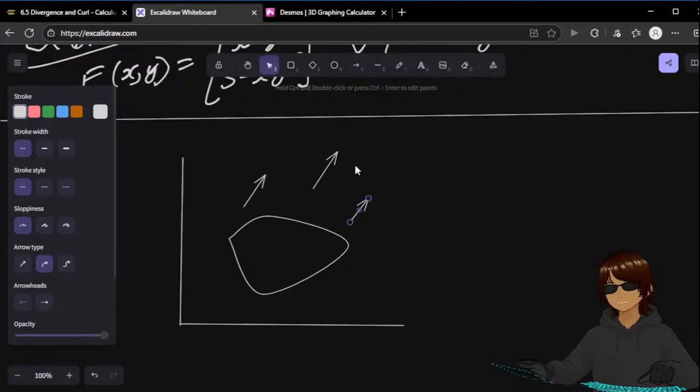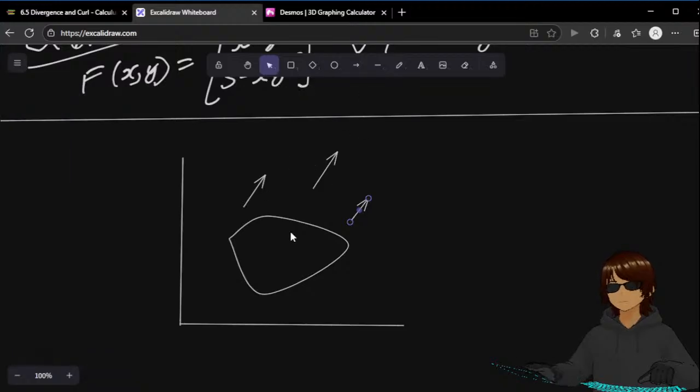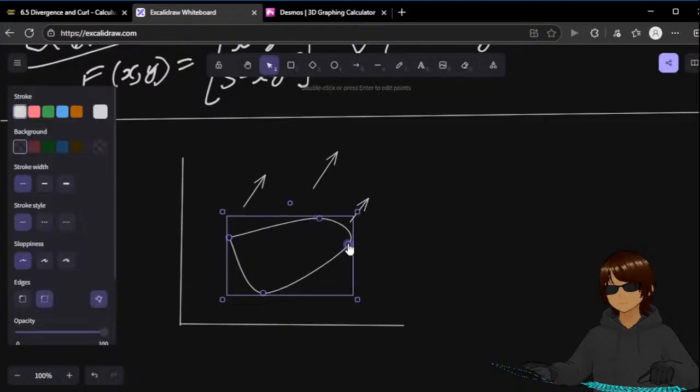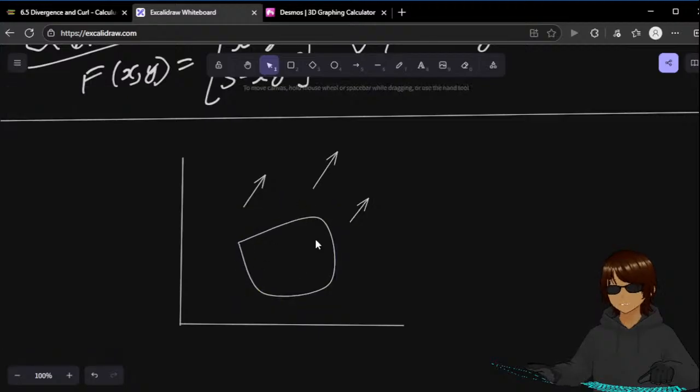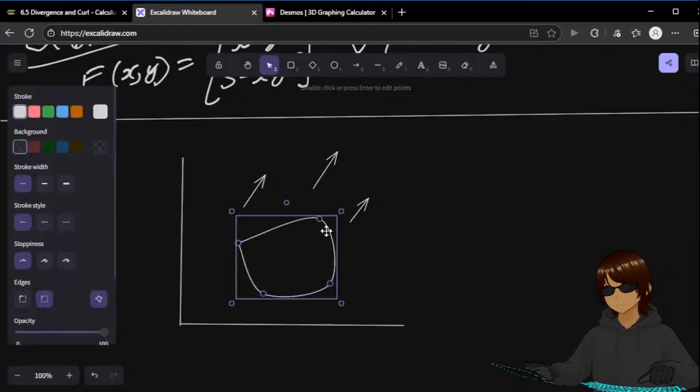All of them point in the same direction, but the gradient is different. Suppose you draw this elastic thingy at this point, and suppose the divergence is the same everywhere.